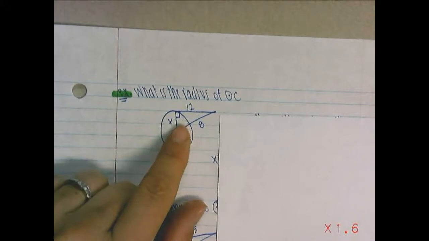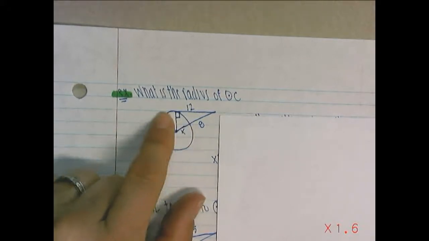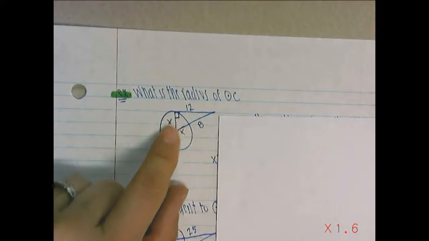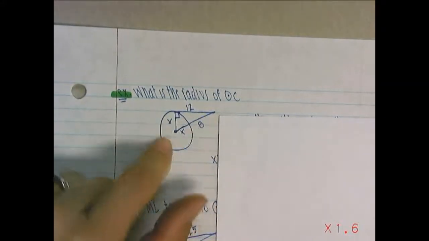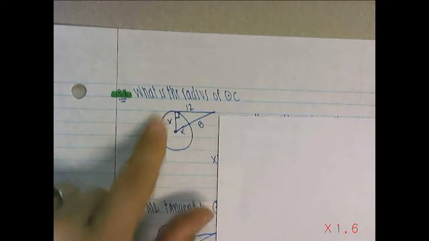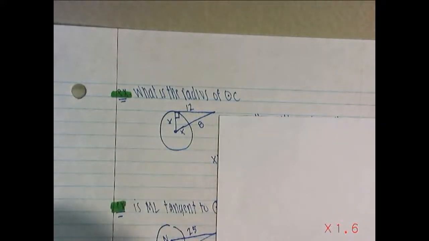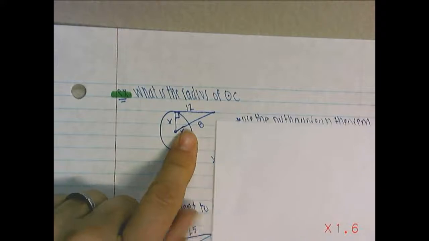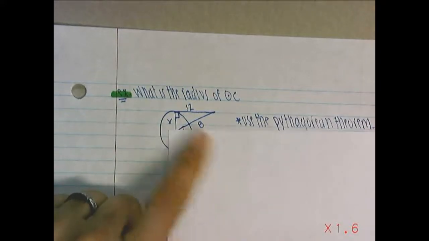We're going to just assume that this segment is tangent and it's perpendicular. So what I've created right here is a right triangle, where I know some of the sides. If I know some of the sides, I can use the Pythagorean Theorem.